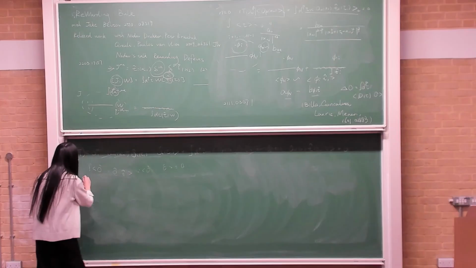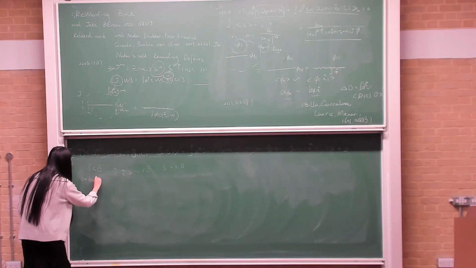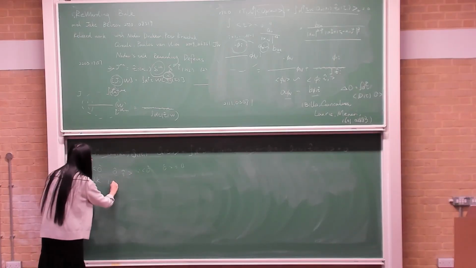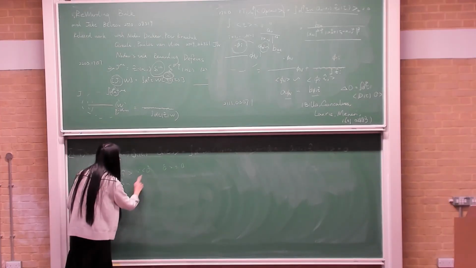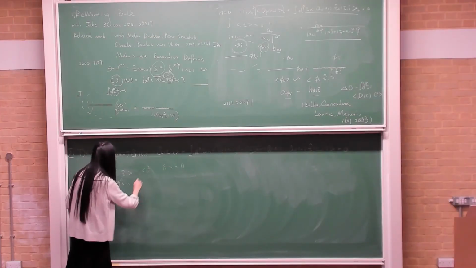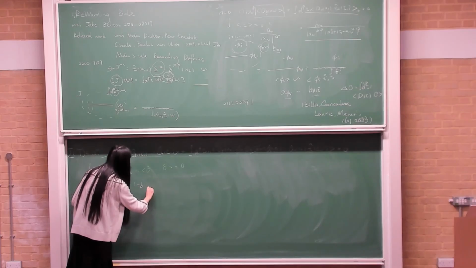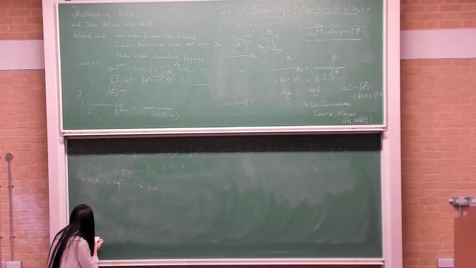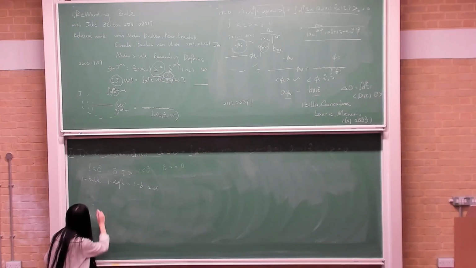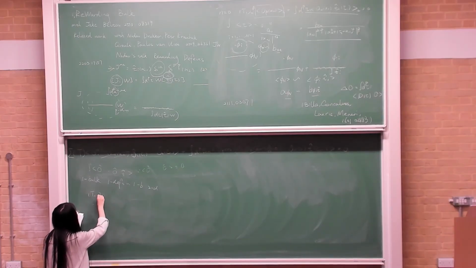I am considering one bulk, one defect, and the second term gives me one bulk, two defect. So to write it rigorously, I have this.